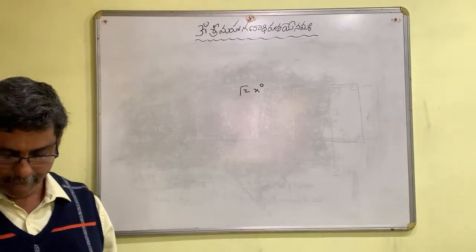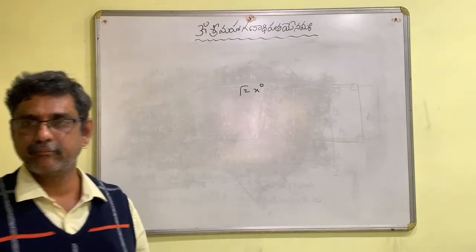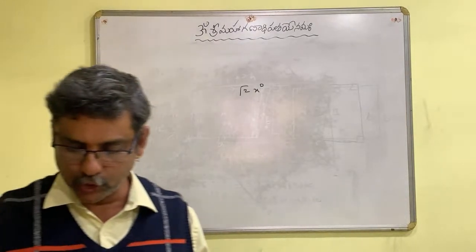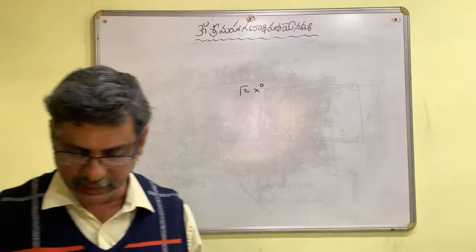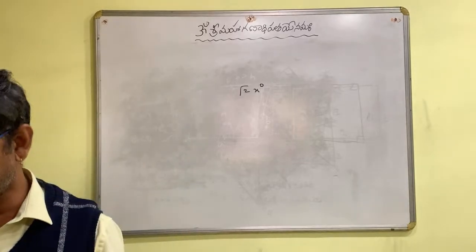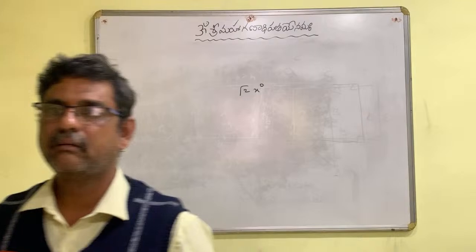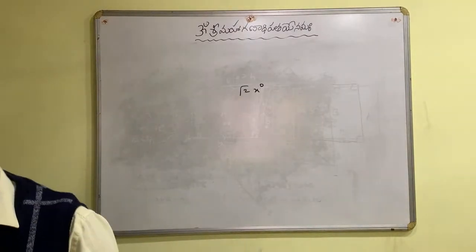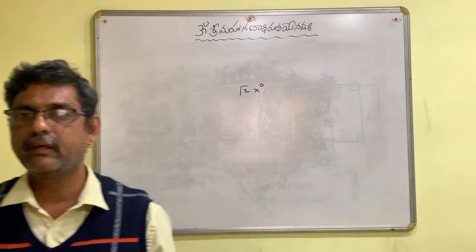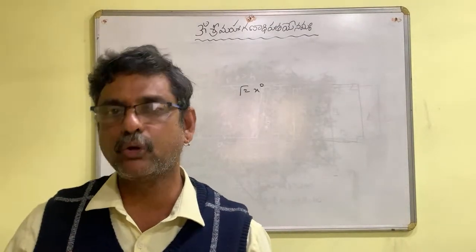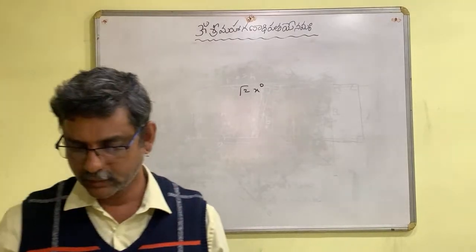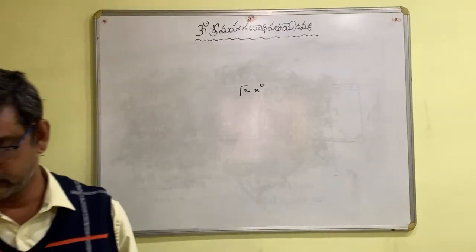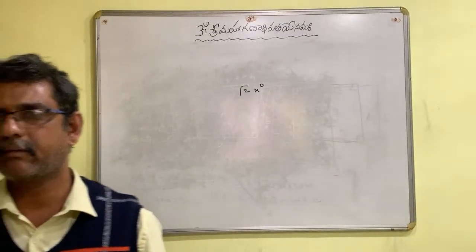Next. Third question. If 2 comma 0 is a solution of the linear equation 2x plus 3y is equal to k, find out the value of k, children, fast.